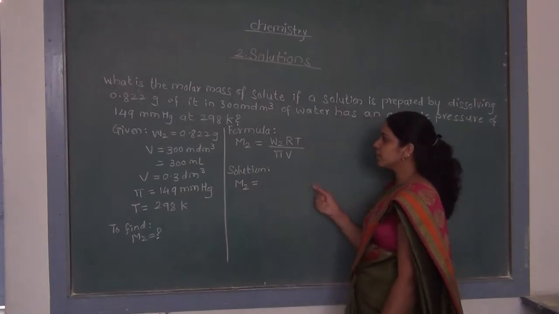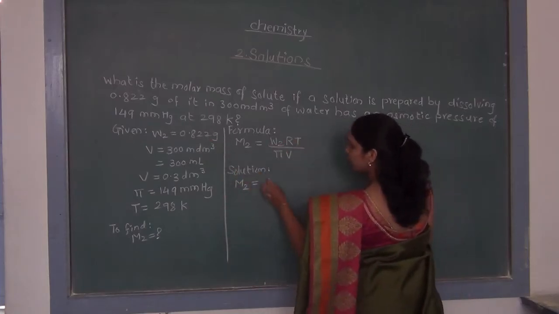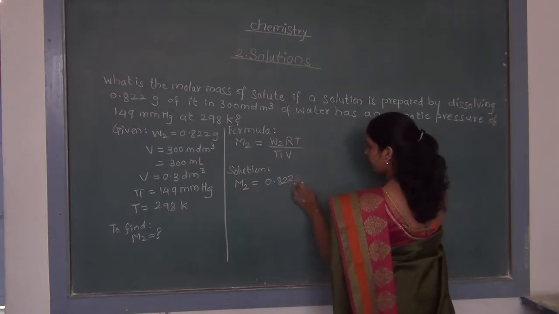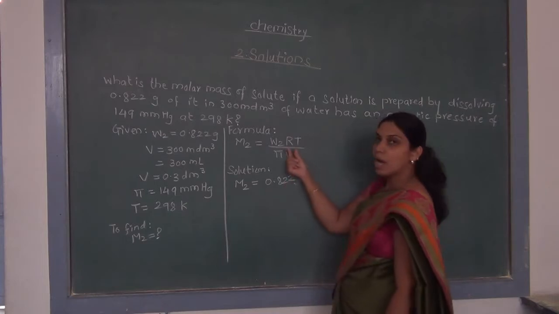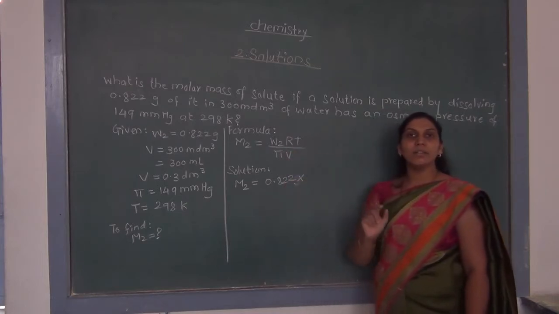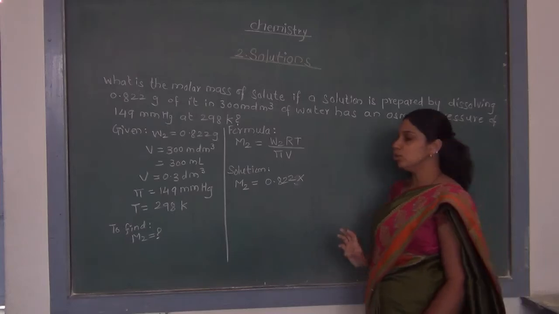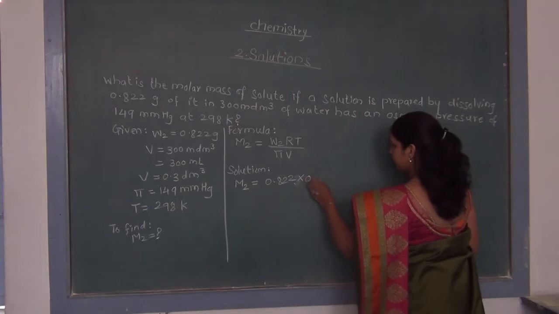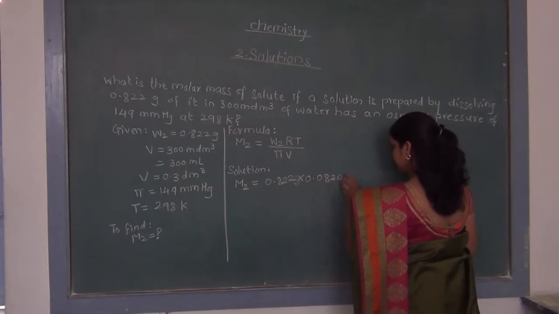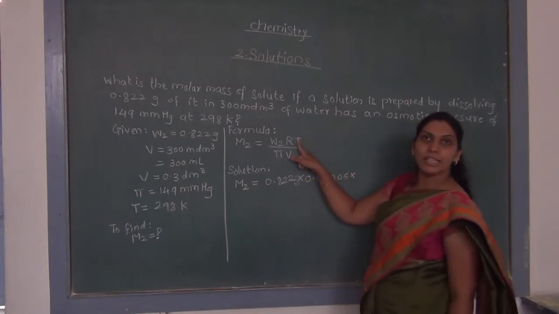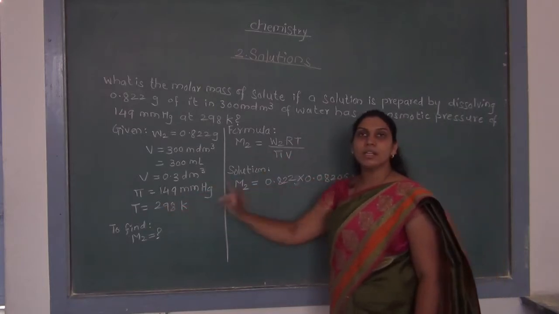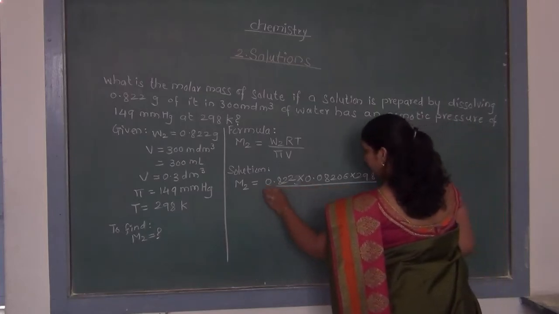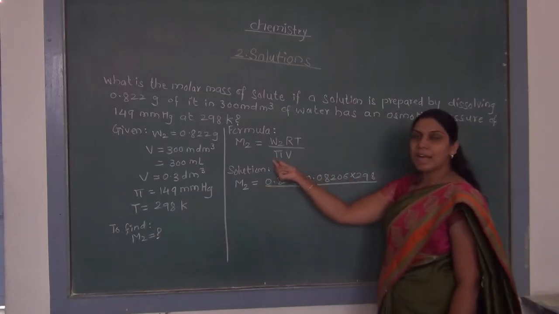So M2 is equal to W2, W2 is 0.822 gram, into R. As I said earlier, R has the value 0.08206, and the value of T, that is temperature, is 298 Kelvin, divided by pi into V.